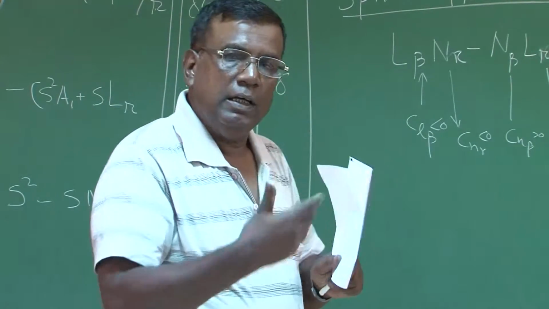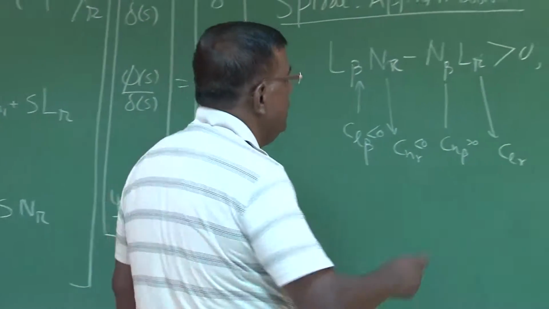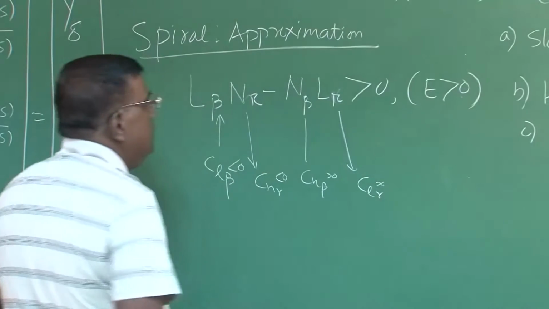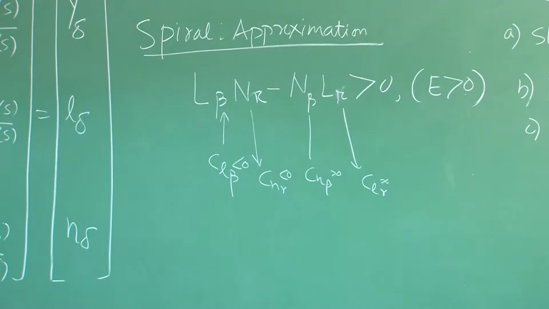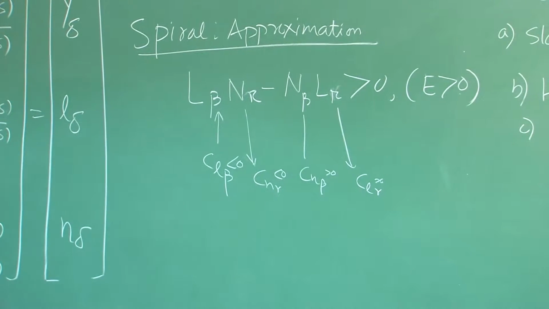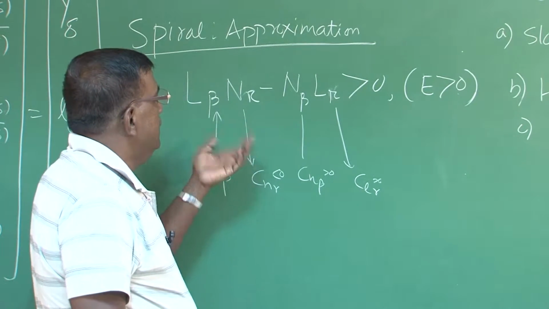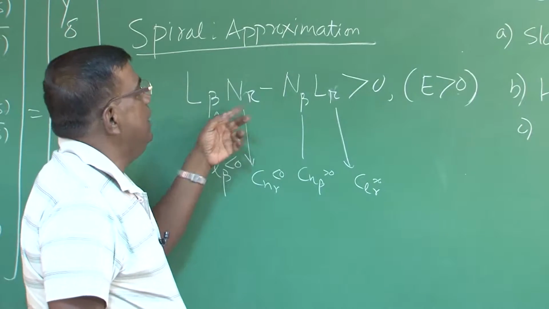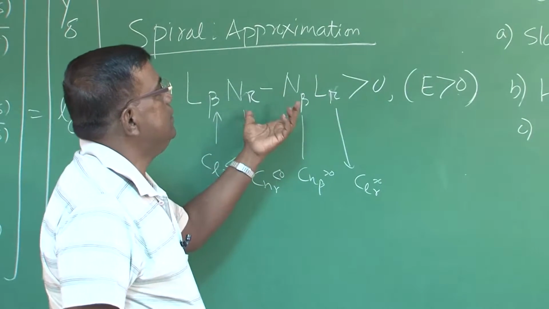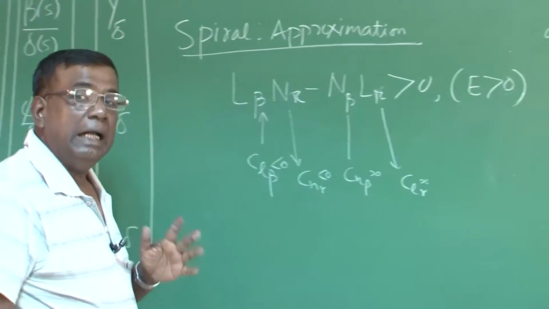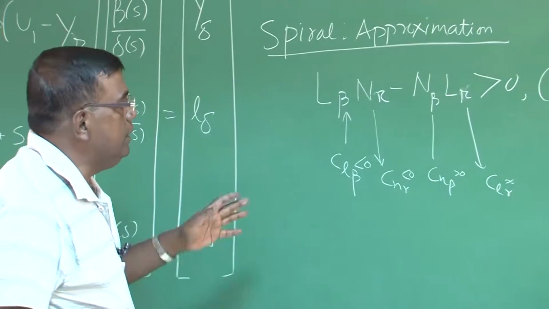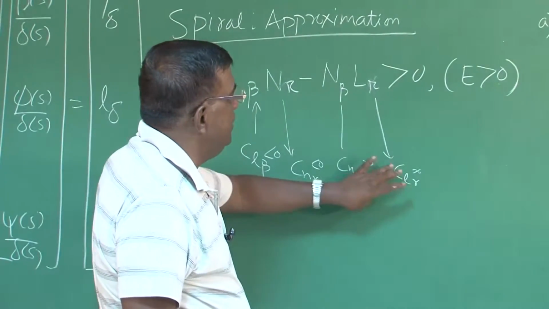So the vertical tail contribution to CLR is also positive. Now it is not sufficient to know the signs. We need to design the airplane in such a way that L beta into NR minus N beta into LR should be greater than 0. That is important. Okay?